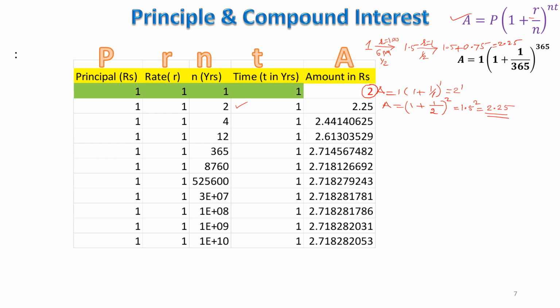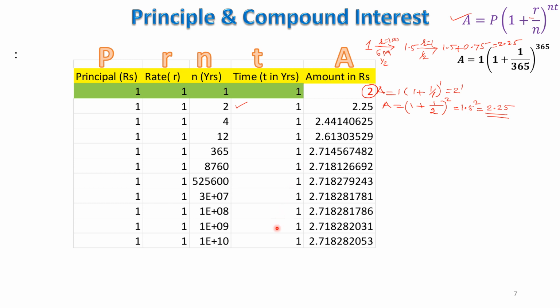If we are compounding this 4 times, the return will be 2.44. If we are compounding it for 12 times, it will be 2.61. If we are compounding it for n equal to 365, it will be 2.71. Now, if you go on this compounding, go on increasing this compounding frequency, it doesn't lead to infinity.